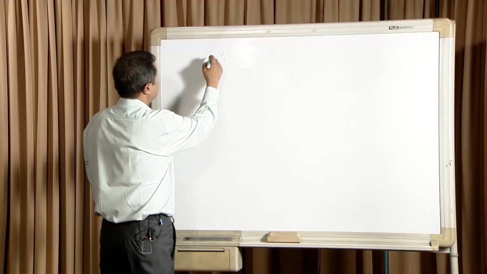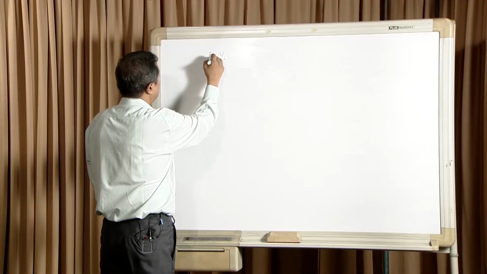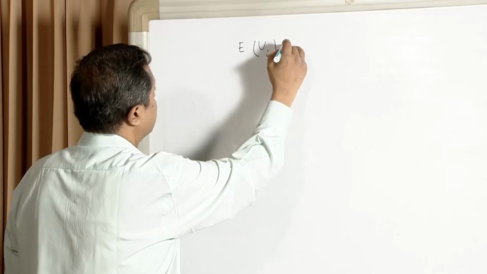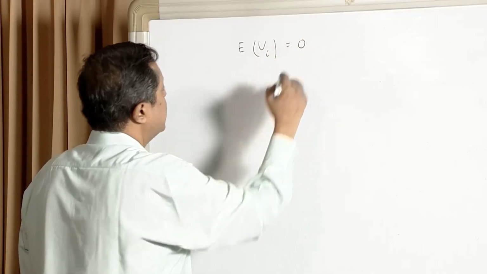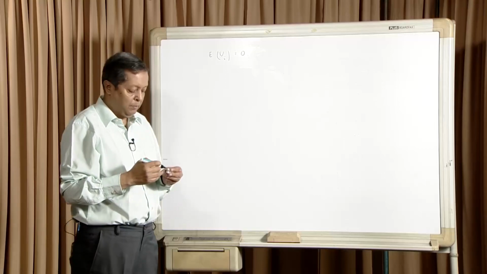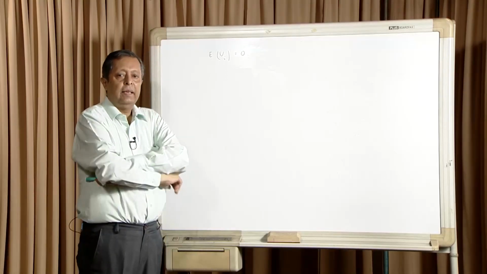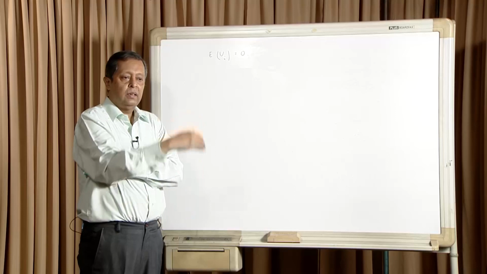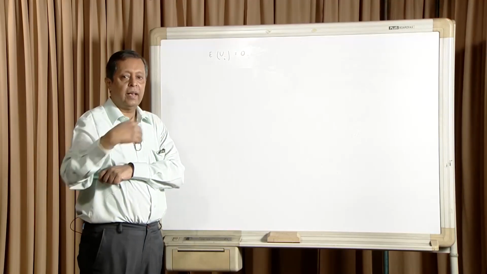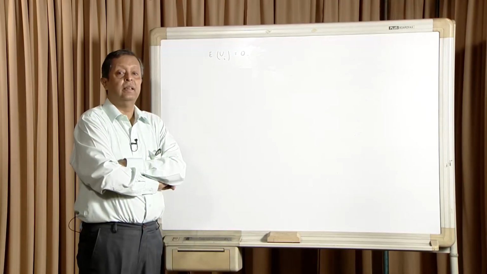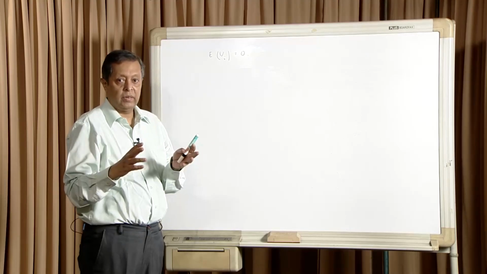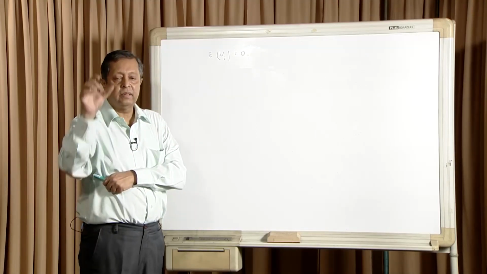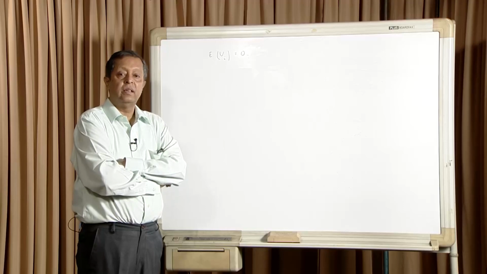The first assumption is that expectation of u i is nil, which means that in the population the average of all these random disturbances is nil. So, they cancel out, so that on the average the random disturbance term has 0 effect.